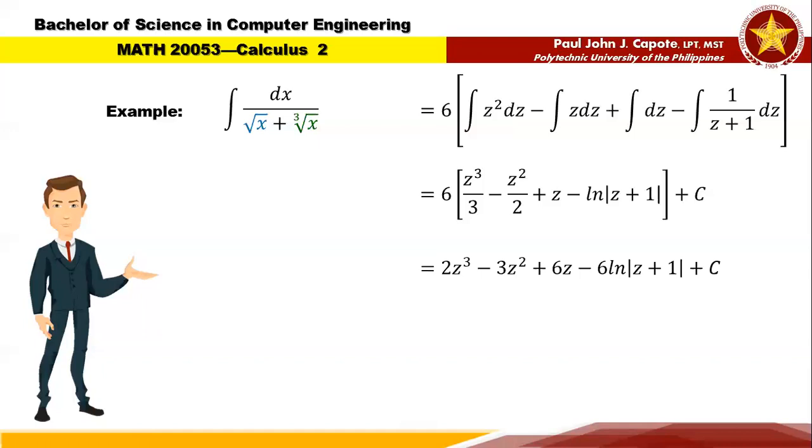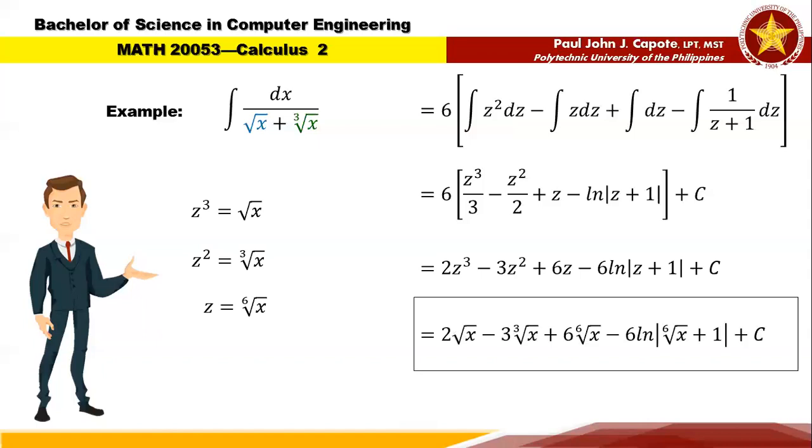But wait, what is the value for this z? Take note, z cubed is equal to the square root of x. Z squared is equal to the cube root of x. And z is equal to the sixth root of x. Substituting these values to the z's, we get the final answer.